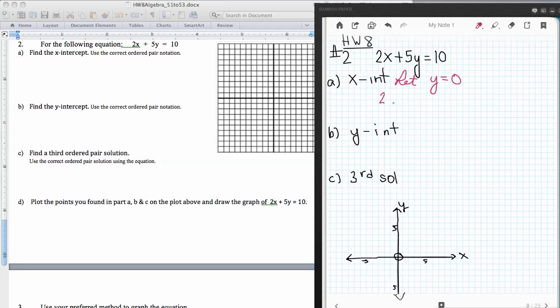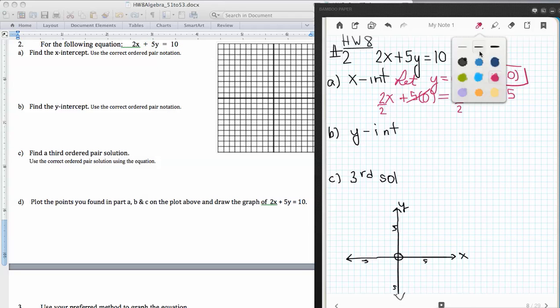So this says 2x plus 5 times 0 must be equal to 10. So that's really gone, and this is just dividing both sides by 2. So now I know that my x must be equal to 5. Now it says as an ordered pair, so I'm going to say x is equal to 5 and y is equal to 0.